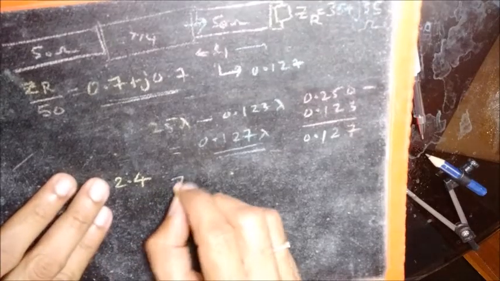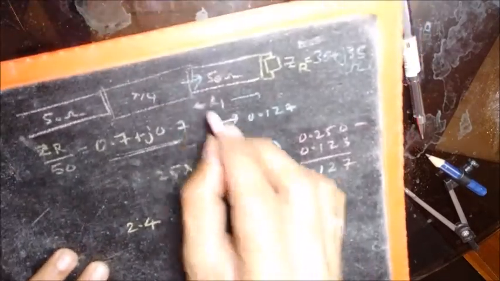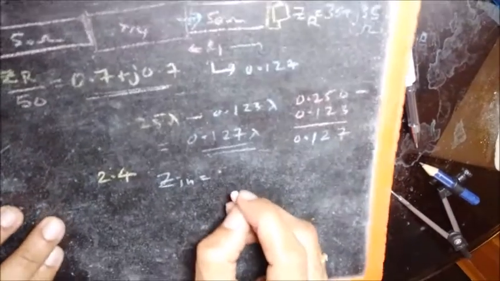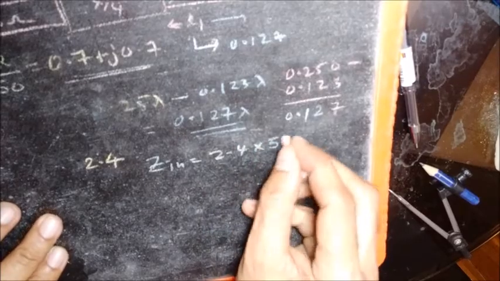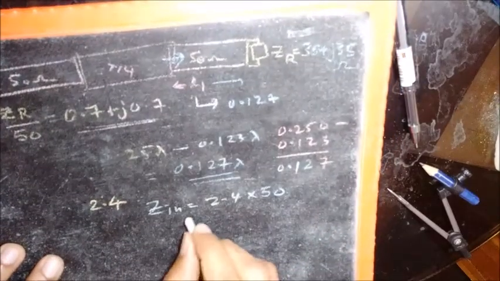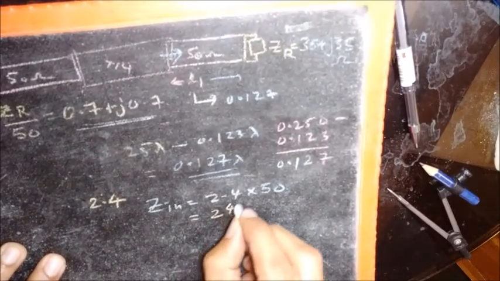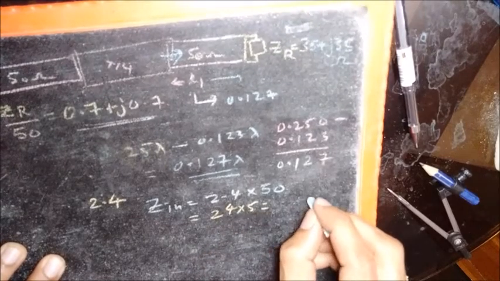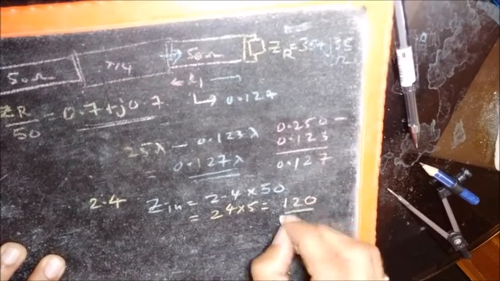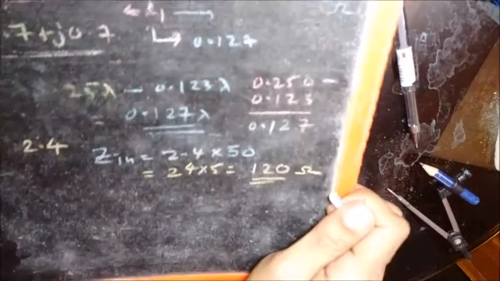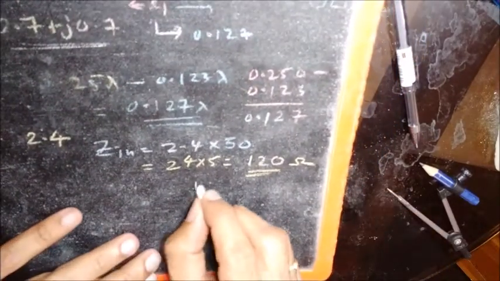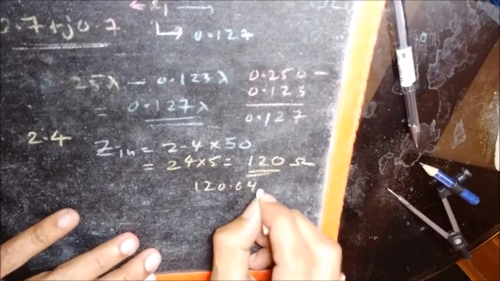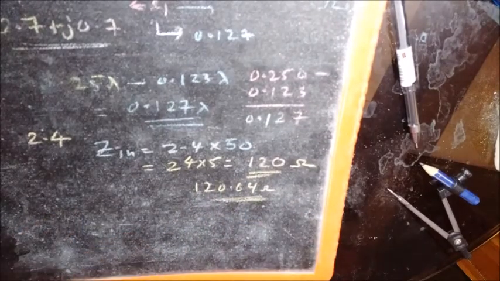So the impedance Z in will be 2.4 into 50, because 50 is the characteristic impedance, and this turns out to be 24 into 5, which is 120 ohms. Compare this with the answer which we got earlier. It was 120.64. Tolerable difference.